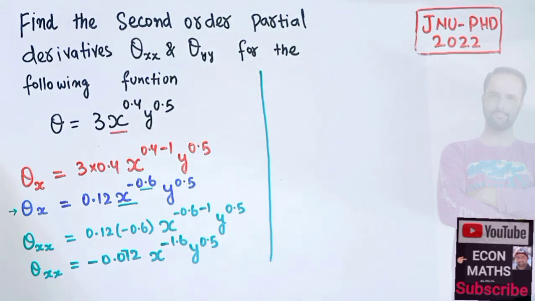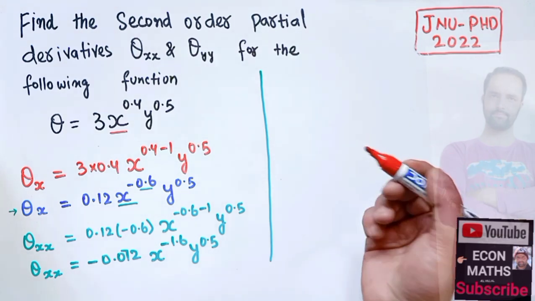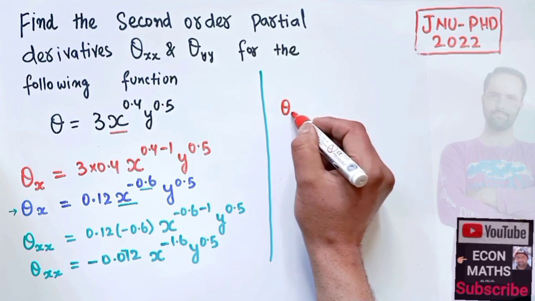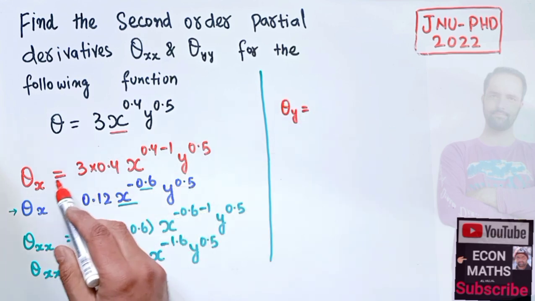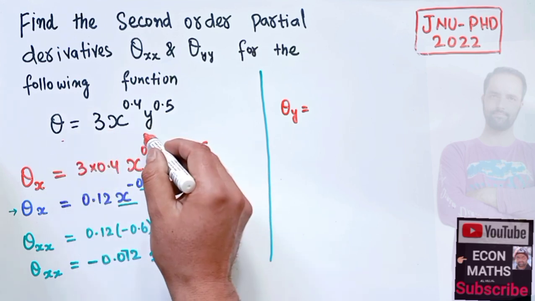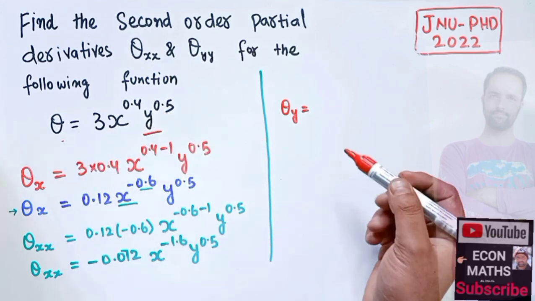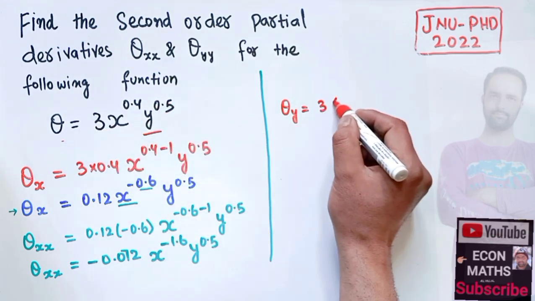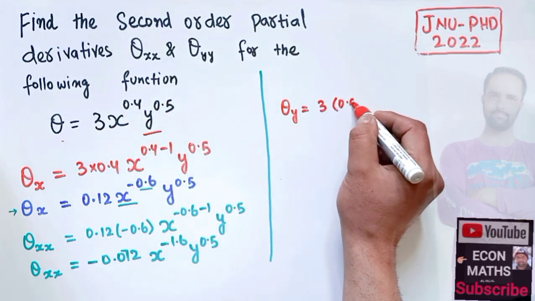Okay, symmetrically taking partial derivative with respect to y first, so q subscript y means this time taking partial derivative of this function with respect to y. Okay, so we are interested in the y variable here. The exponent of this will become coefficient, so we have 3 into 0.5.